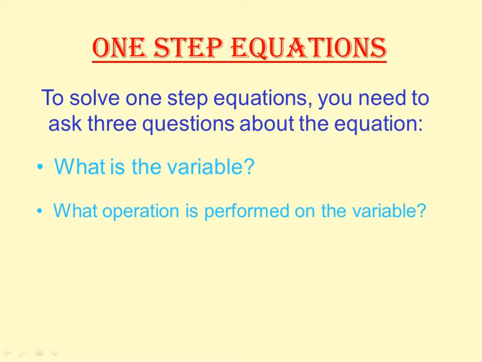Now what operation? I have to ask myself, what operation is performed on the variable? Now we know that the 4 operations we know are addition, subtraction, multiplication and division. What tells you what operation is performed on this variable is the sign of the operation before the variable, before the letter.